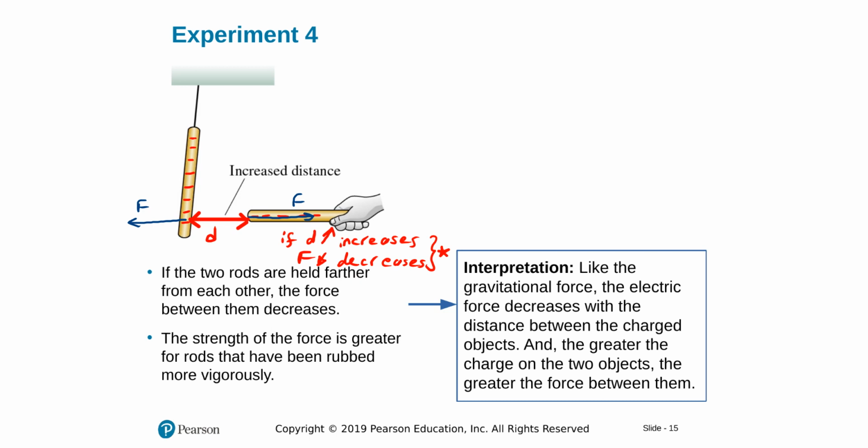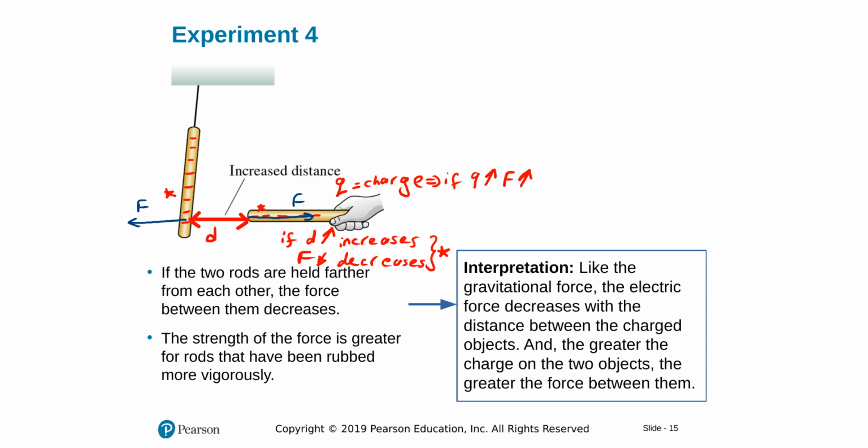Also, if we rub these more and increase the charge, we're going to use symbol Q for charge. If we increase any charge, meaning it could be increasing on this rod or on that rod, doesn't matter, if the charge increases, if Q increases, force also increases.